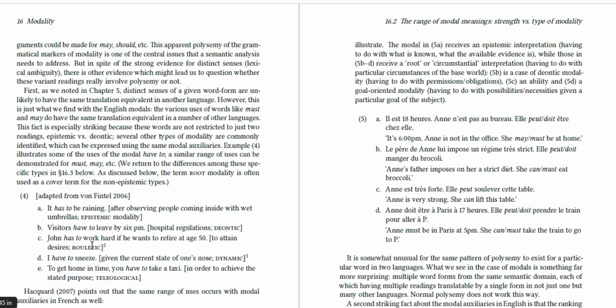We can recognize something for C which is related to boulomaic modality. So here we have one kind of modality called boulomaic, and it can be paraphrased as hoped, desired, feared, regretted. Why?